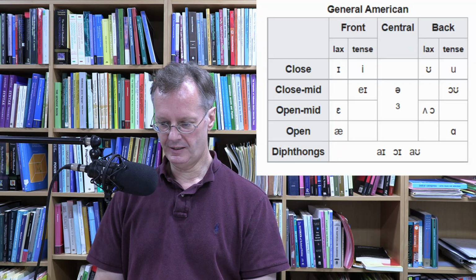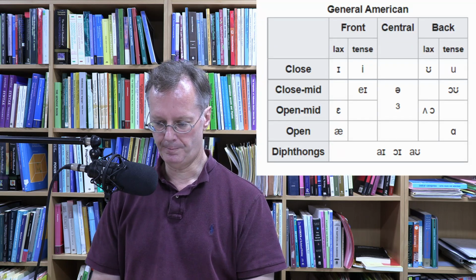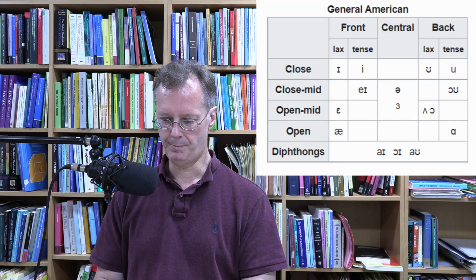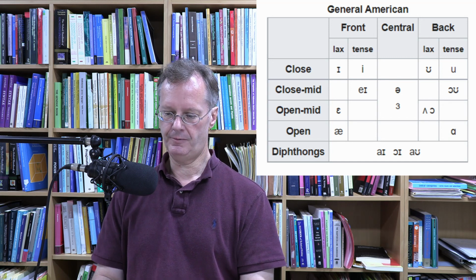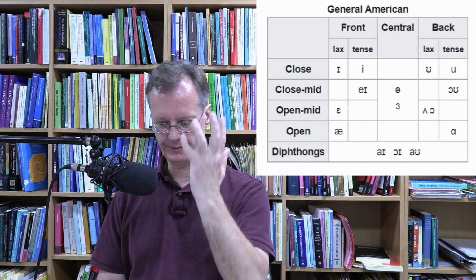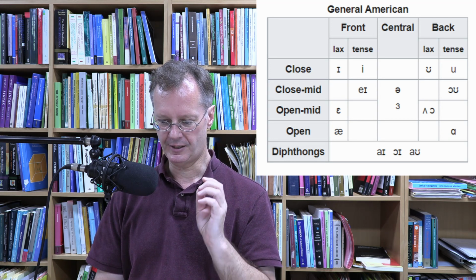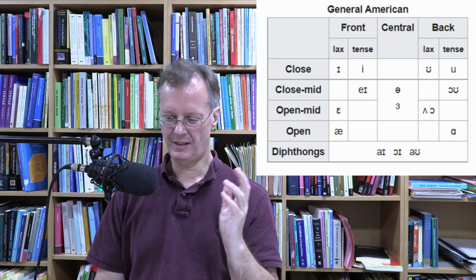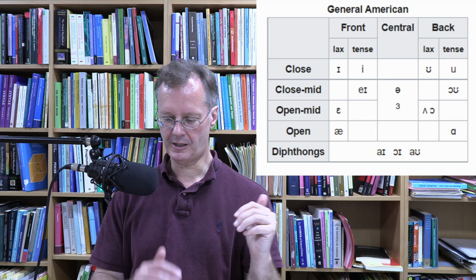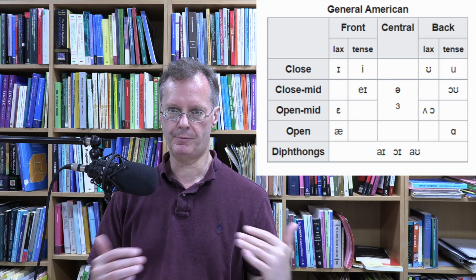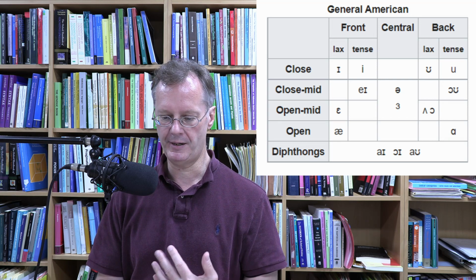So we've got the I, the bit vowel, which is kind of high up in the mouth, and at the front of the mouth. Come a bit down, the A as in bait, and then come down a little bit more, the bed vowel, which you probably know from your language, bed or bet.